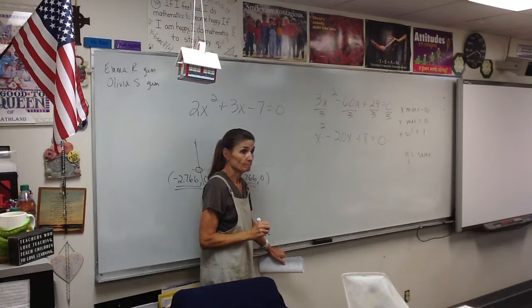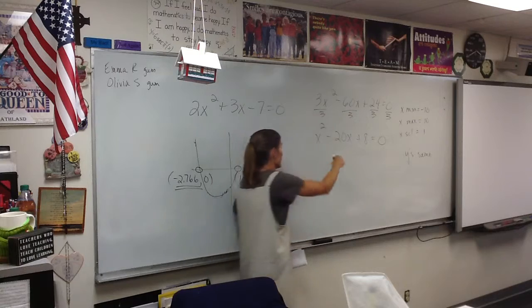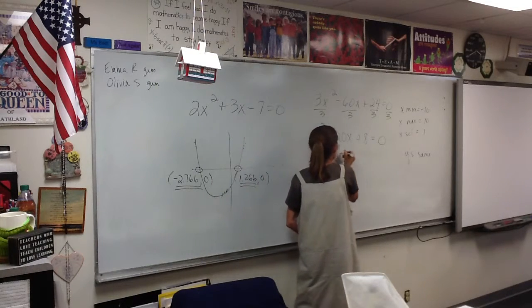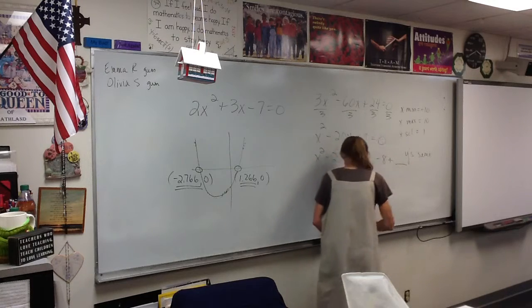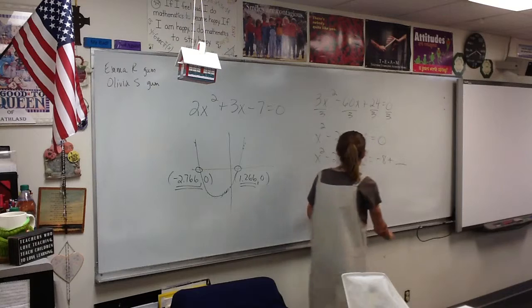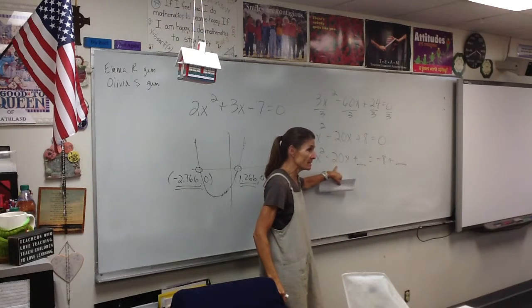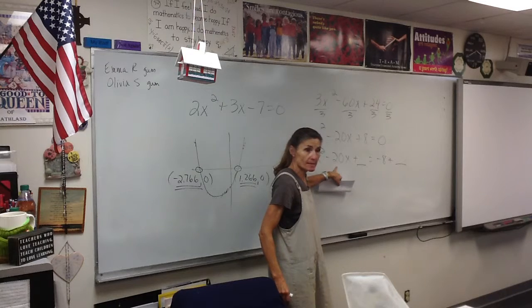Now what? Move the 8 to the other side so that I have room to add something. What am I adding? Half of 20 is 10, and 10 squared is 100.